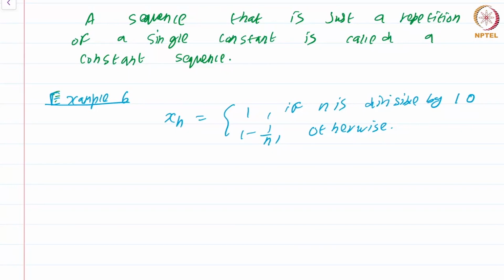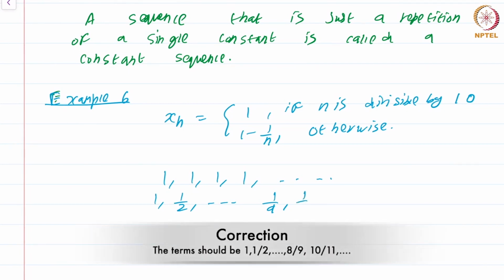This sequence also has some interesting subsequences. One of them is 1 1 1 1 1. Another interesting subsequence is 1 half dot dot dot 1 by 9, and no 1 by 10, because it's 1 if n is divisible by 10, then 1 by 11, and so on.